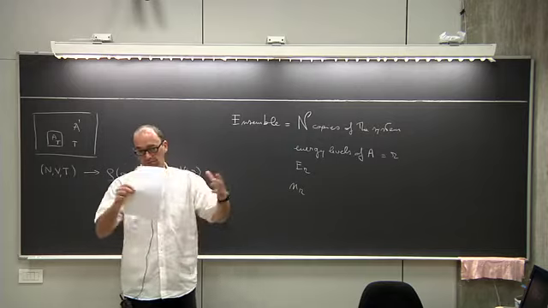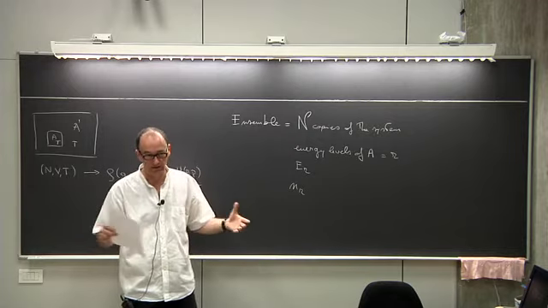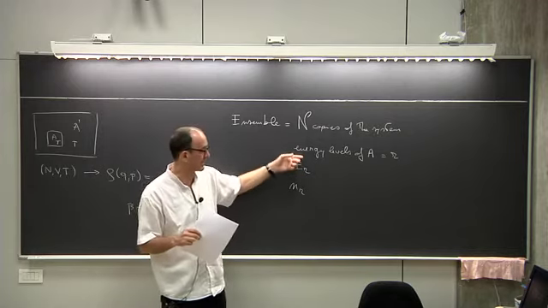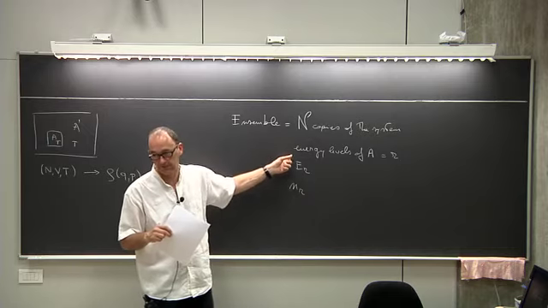So we have a density of points over the states of my system.